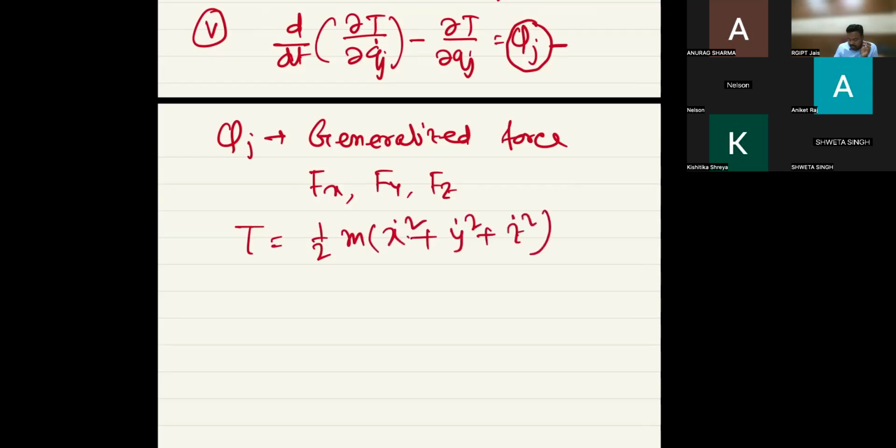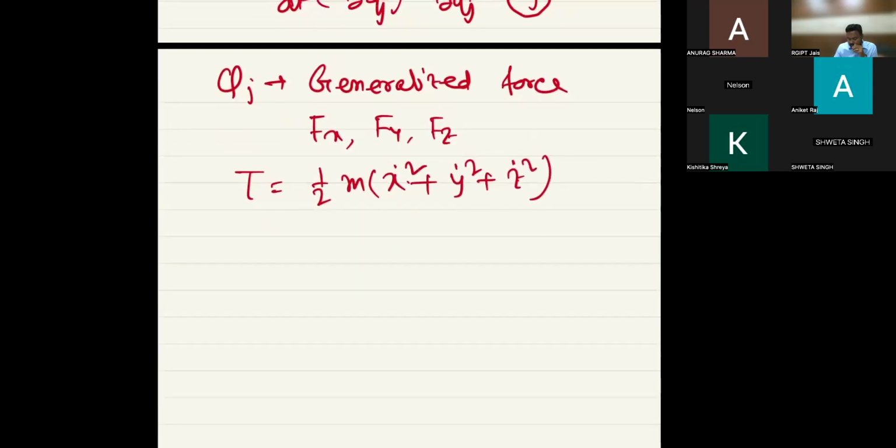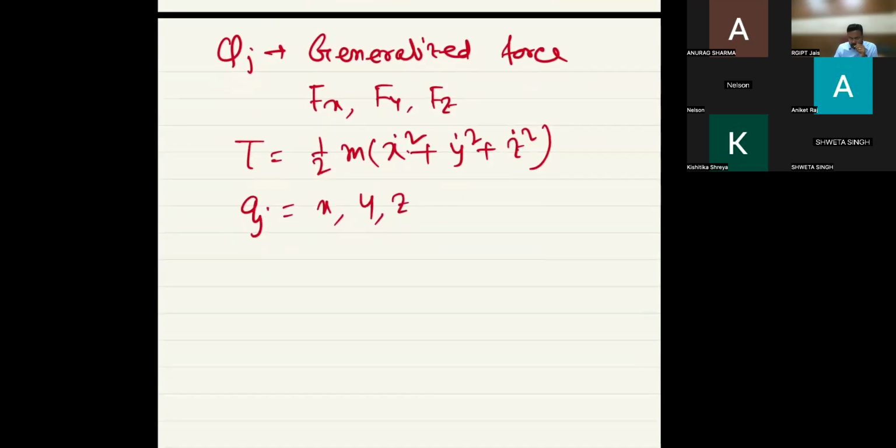So we need to find del T del Qj dot, where Qj is basically x, y, and z. So we need to find del T del x. Is it clear why we are doing this? Because here the generalized coordinates are x, y, and z, and we have 3 variables, not one variable.